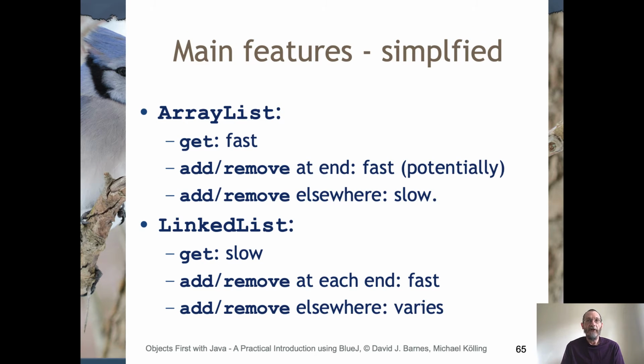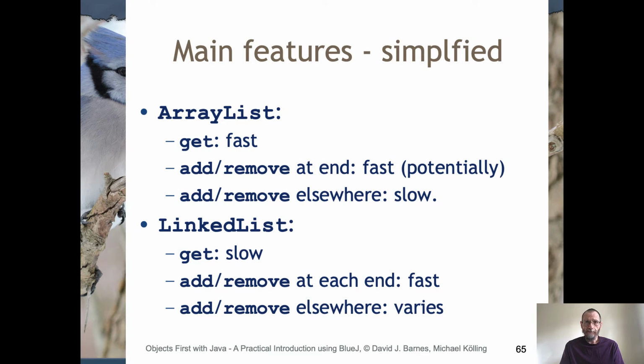Now, in very simplified terms, we can ask questions about how fast or how slow different operations are on those two types of lists that arise from their internal implementations. And these are broad generalizations. You can always make your own practical tests to find out just how fast or slow these various operations are for large numbers of objects.